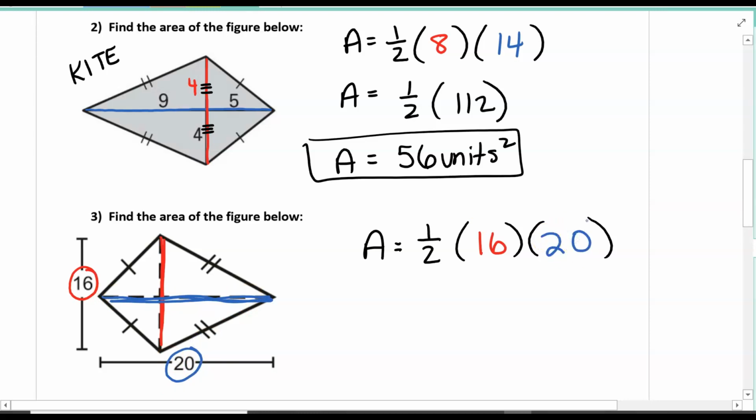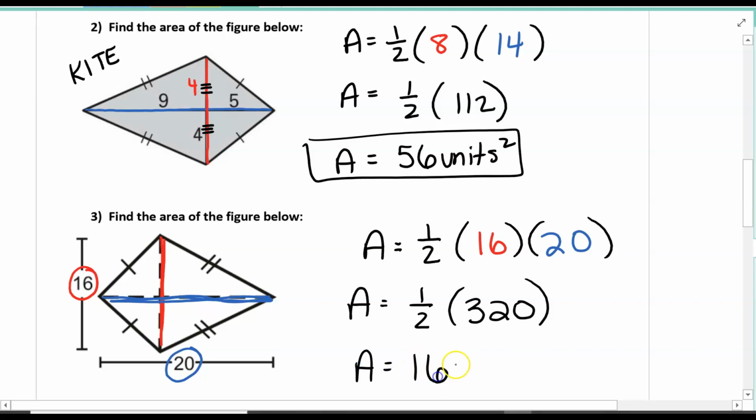So when I have 1/2 times 16 times 20, I'm really working with 1/2 times 320. And then when I cut that in half, I'm going to get my area equals 160. Once again, we don't know the unit, so it's just units squared.